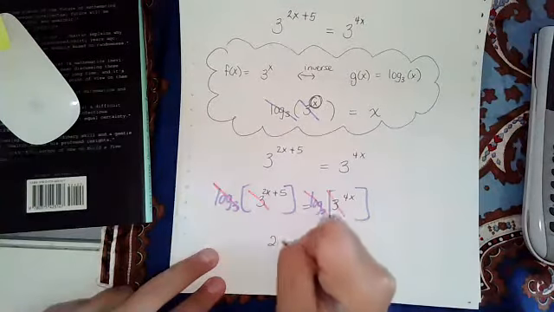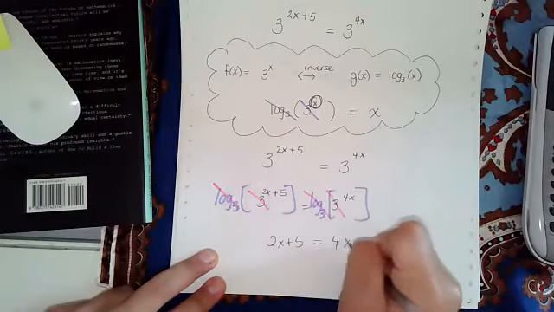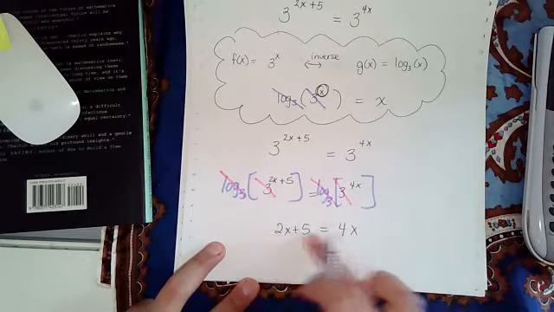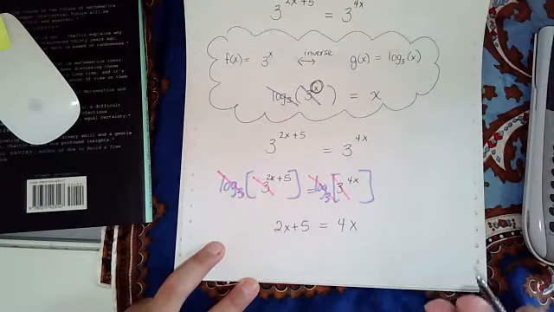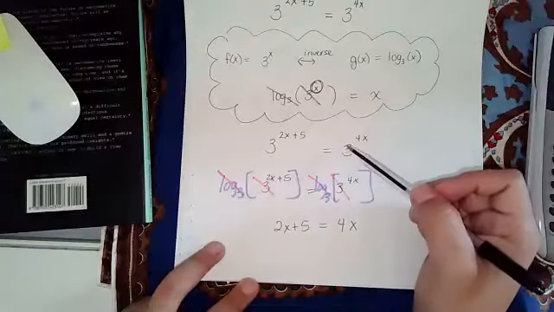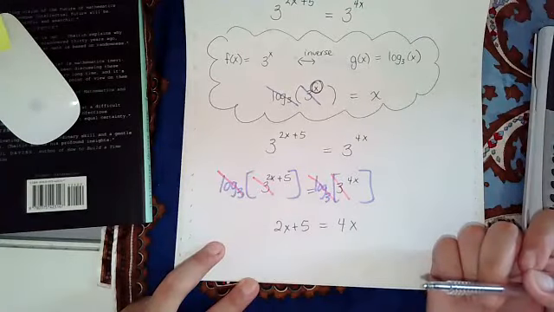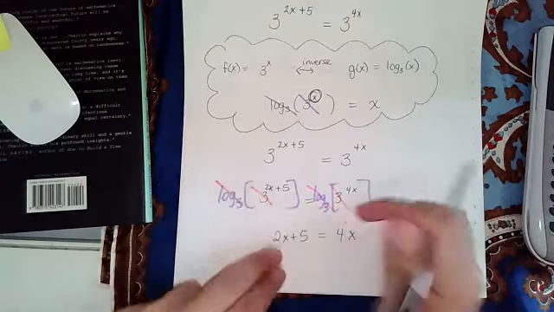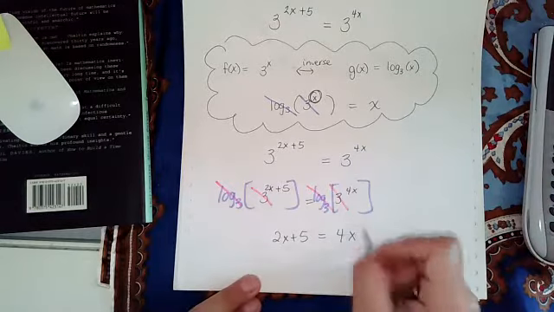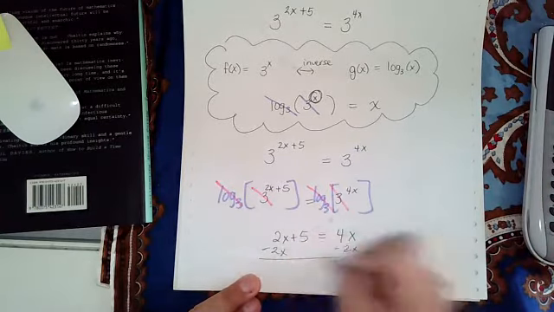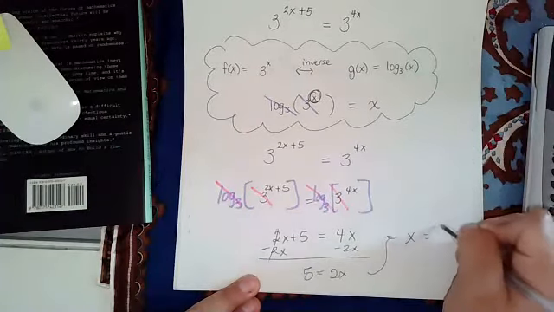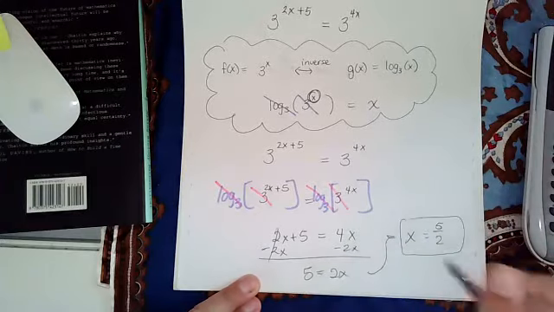And that will leave me with an equation that is much simpler to solve. Right? Now, this is just a linear equation. I could solve for x the way we've been doing this entire time. But this only makes sense if we talk about inverse functions, so that we can apply an inverse function to both sides of the equation and simplify. Then you could just subtract 2x, and so on. You get 5 is equal to 2x, and so x is equal to 5 over 2, right?